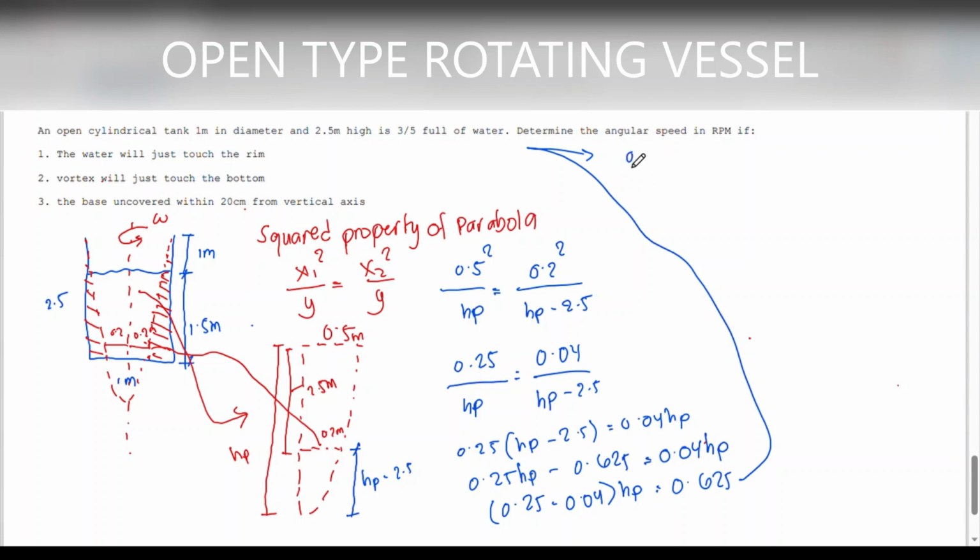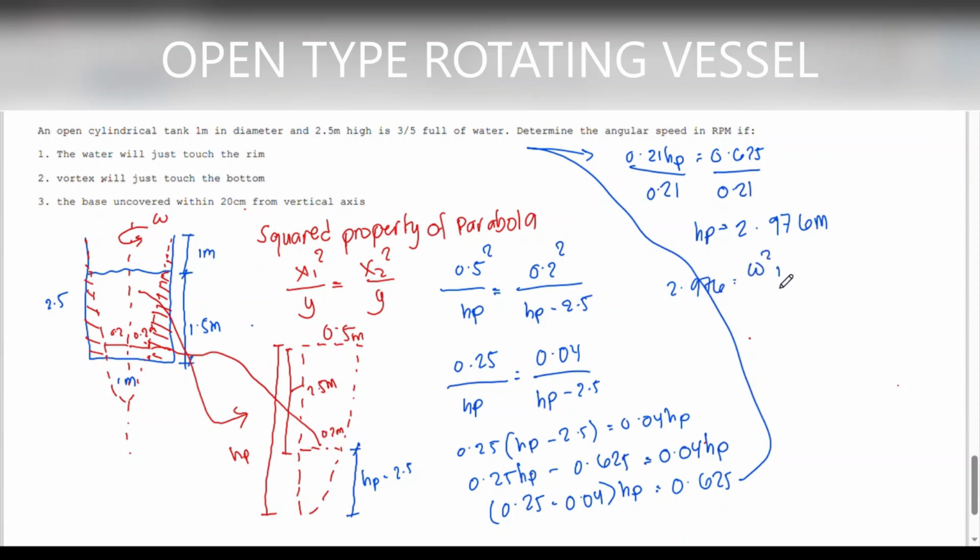So height of your paraboloid will be equal to 0.625 over 0.21, which is 2.976 meter.